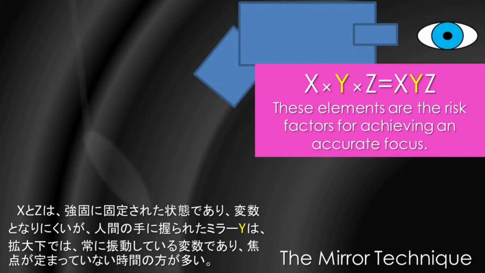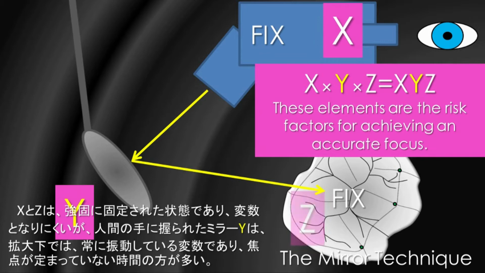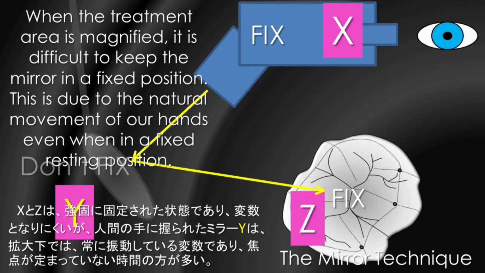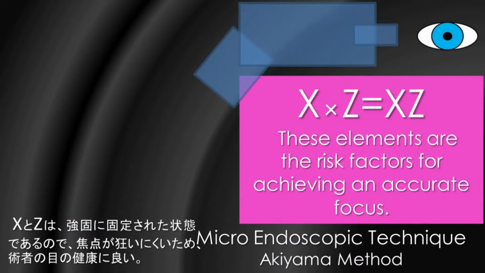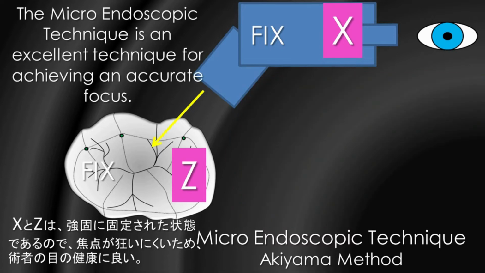These elements are the risk factor for achieving an accurate focus, so the mirror doesn't stay fixed. The microendoscopic technique is very good for accurate focus.